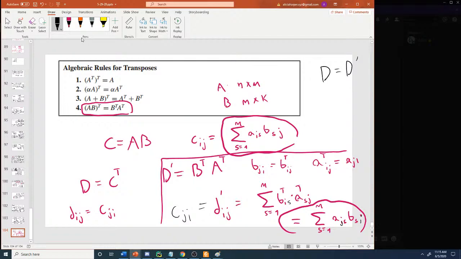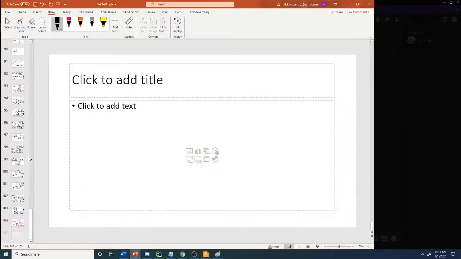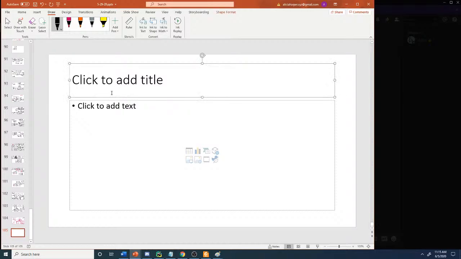So it's by far the most complicated rule for transposes. And here's the main consequence.